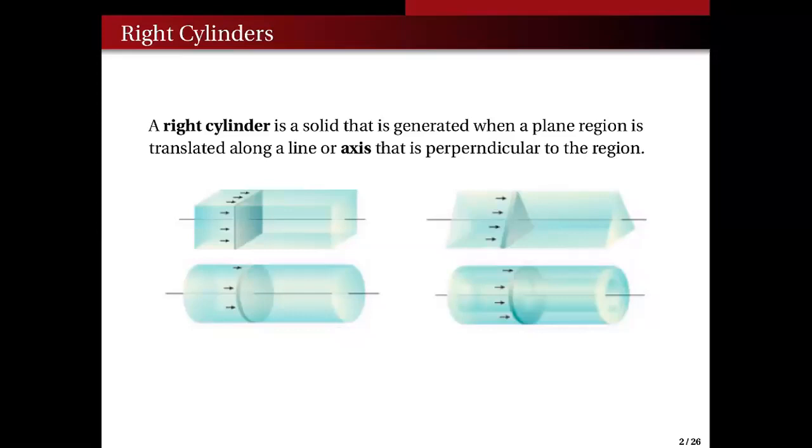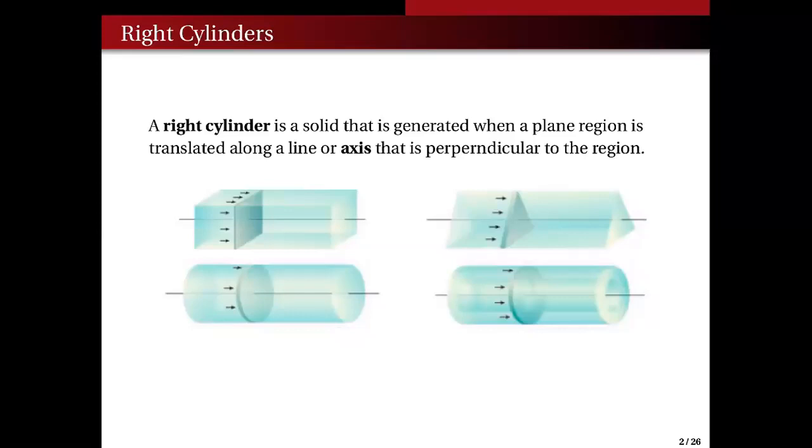Okay, so if you move this washer here horizontally, what we will create is like a cylinder, but there's a hollow in the middle. So it's a circular cylinder, but there's a hollow in the middle. So it's like a tube.